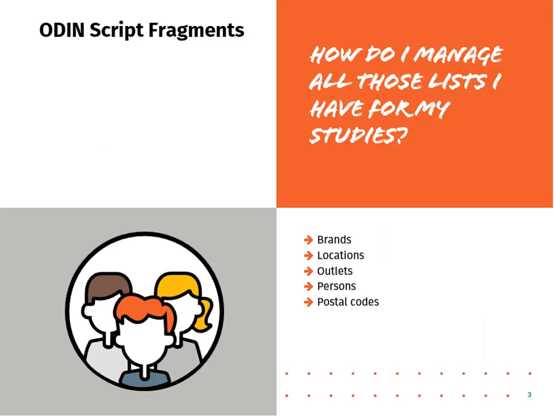And everybody has worked with long lists. That can be brands, can be lists with locations, even all train stations of a whole country, outlets of all the different fast food restaurants, for instance, persons, contact persons, or salespersons, or a complete list with all the postal codes in a country.